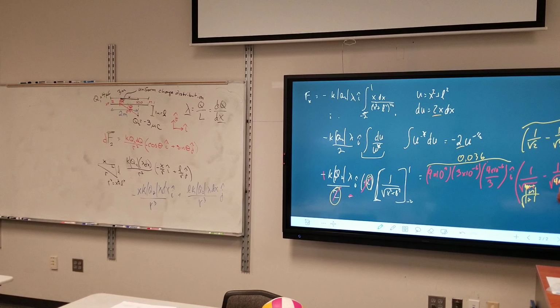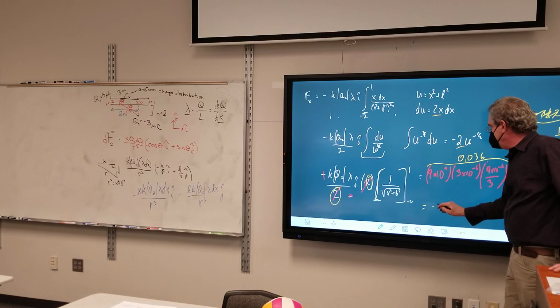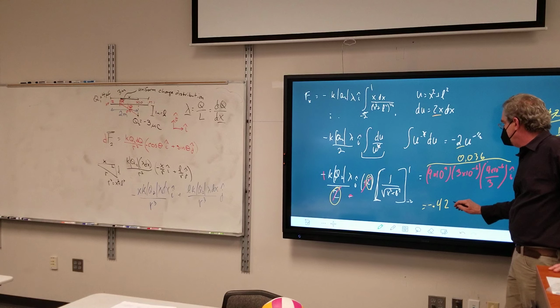Okay, negative 0.42 newtons in the I-hat direction. Negative 0.42 is the whole thing. Yeah. All right, so negative 0.42 newtons.